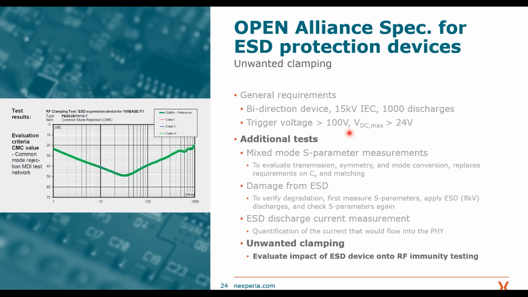There is also discussion of 10 Mbit Ethernet, but right now there's no final specification for that, but it will probably match the CAN FD or CAN XL requirements somehow. So there will probably be an overlap, but it's under discussion right now.